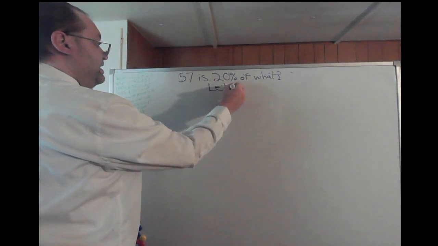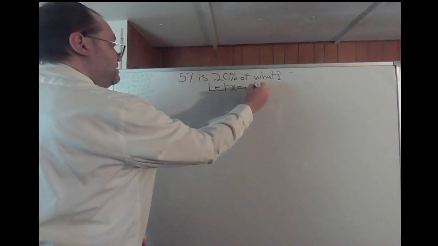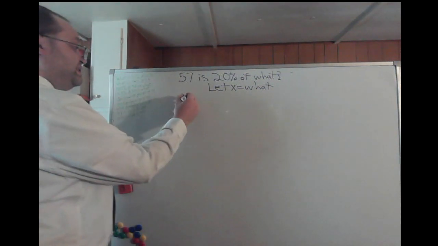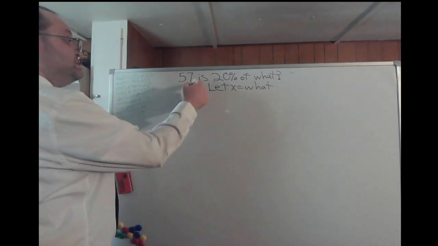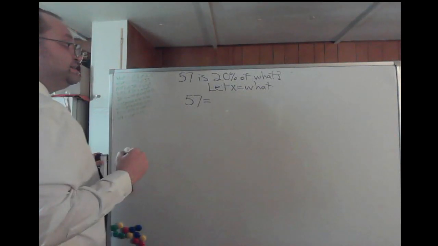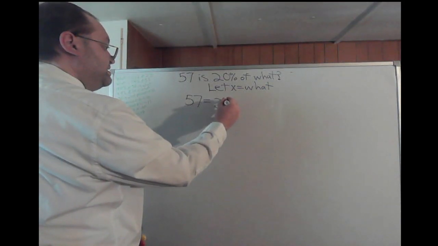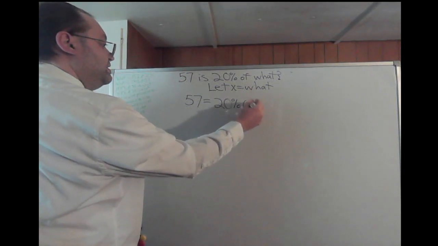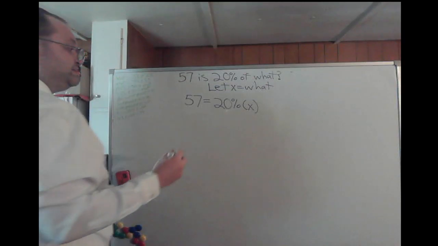Let x equal that what? The unknown quantity. We let x equal what? So 57 is, and is means equal to, 20% of what? 20% times x.